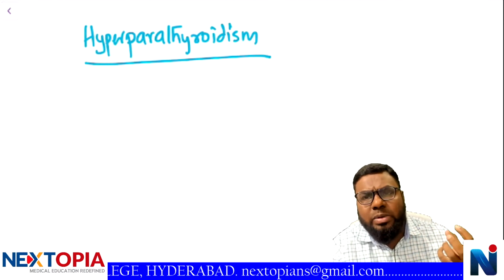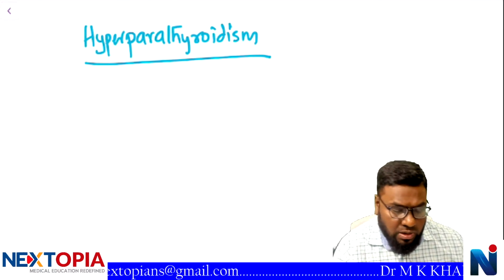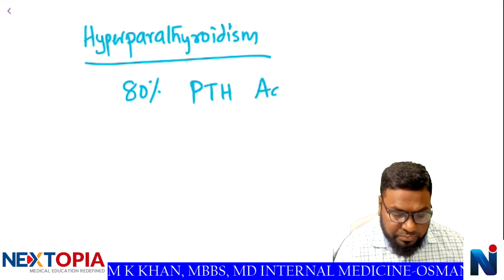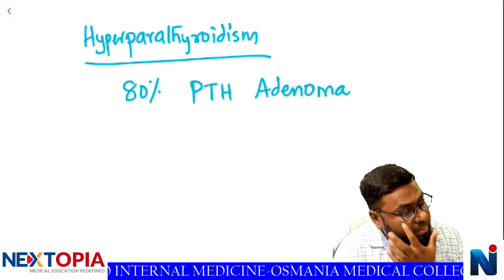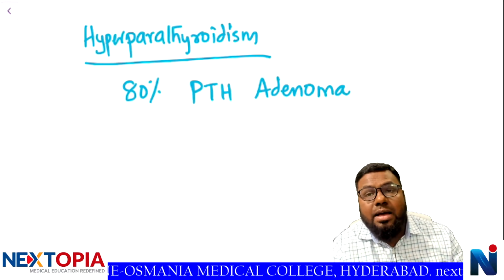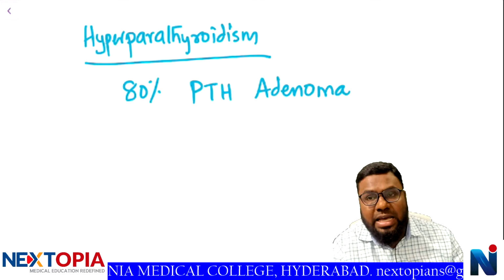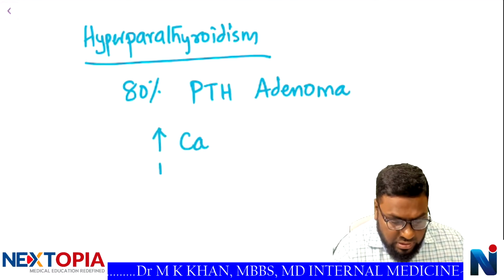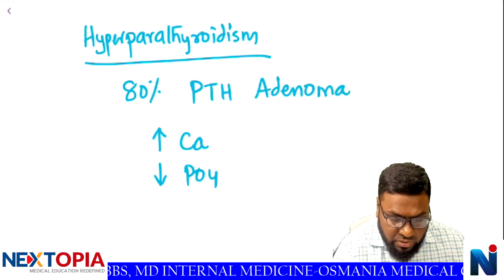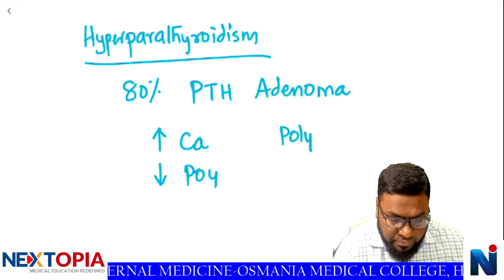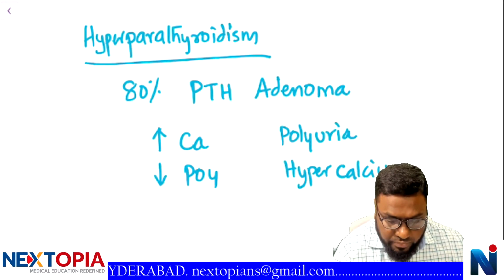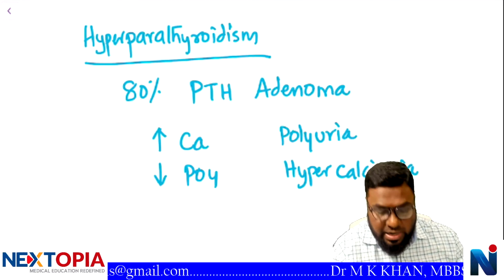Say, suppose a parathyroid adenoma, some parathyroid tumor. 80% of the time it is a parathyroid adenoma, which is causing hypersecretion. This hypersecretion of parathormone results in an increase in plasma calcium, a decrease in plasma phosphate, polyuria, hypercalciuria, and decreased bone mass.